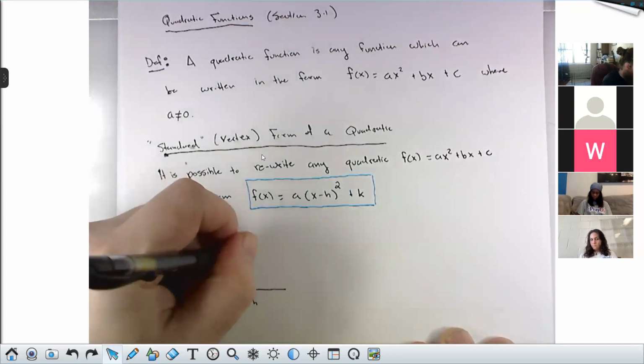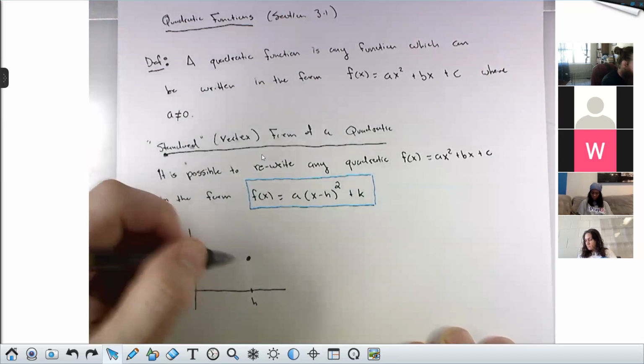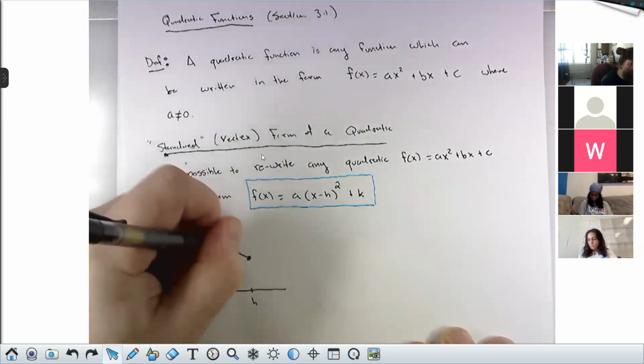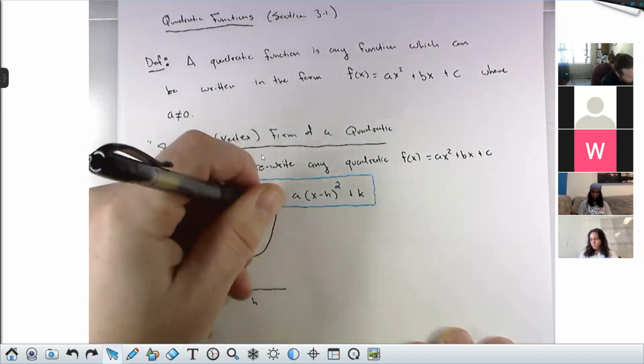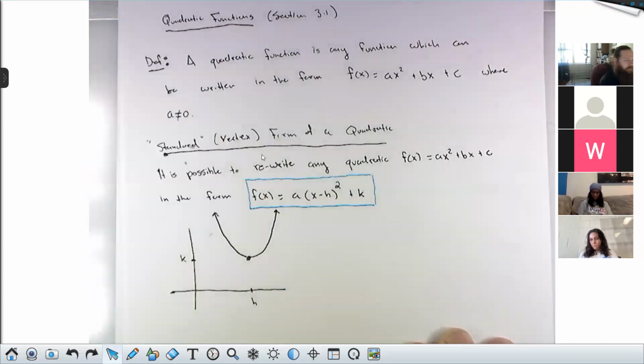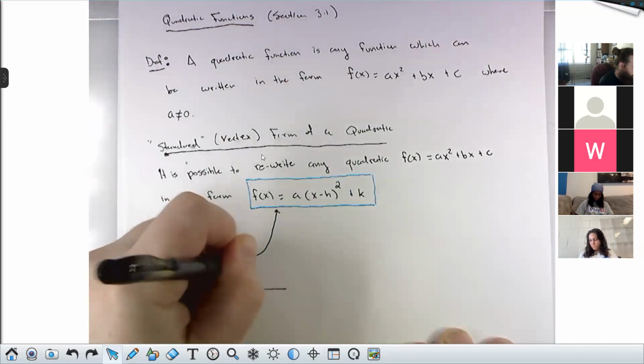So this point right here is h comma k. And if a is positive, the graph will look something like this. It's just the graph of x squared, shifted to the right by h units and shifted up by k units. So this point right here is called the vertex.